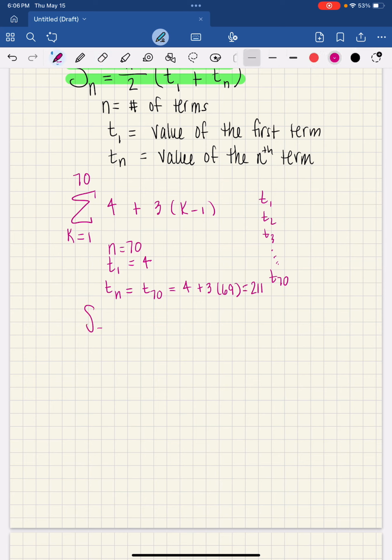So the sum of 70 terms, these are equivalent. S sub 70, sigma k goes from 1 to 70. Those are the same. It is going to be equal to 70 over 2 times 4 plus 211, which is 7,525.